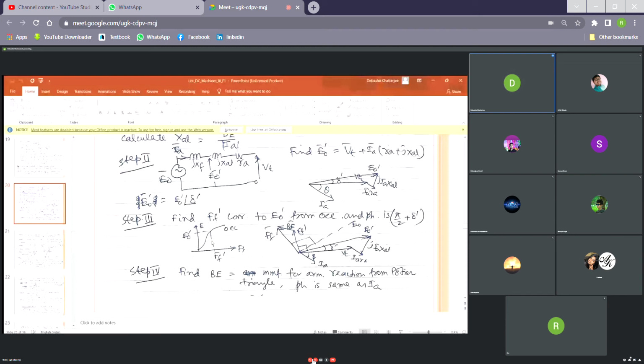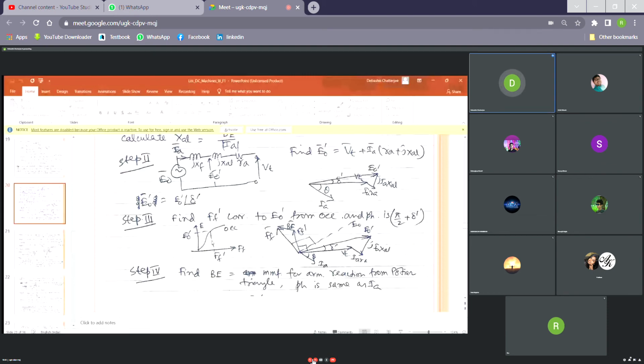So now here the effect of the reactance has already been considered because you have calculated E0 based on your RA and XAL. So the only remaining part is BE. BE is the armature reaction effect. So now you have to consider the MMF due to armature reaction, which is BE here.